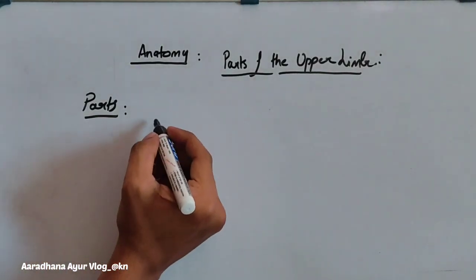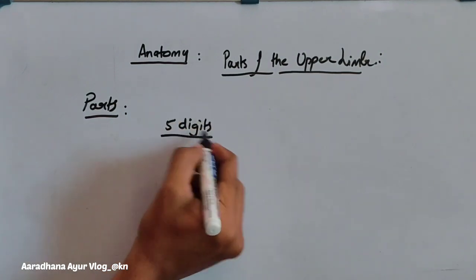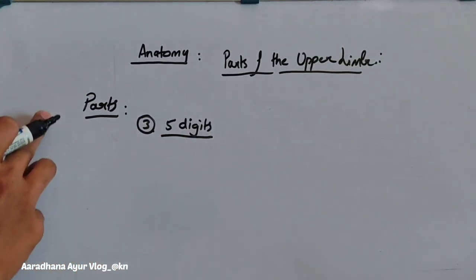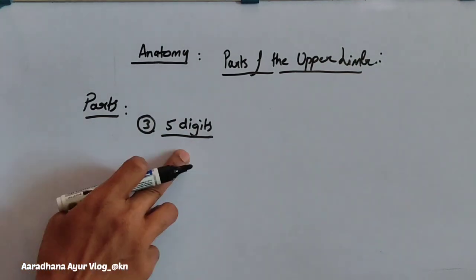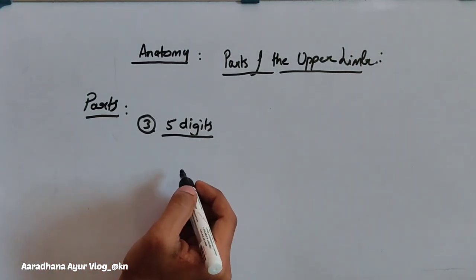And the last one is the 5 digits. The 5 digits are the third section in the hand. First one was the wrist, second one was the hand proper, third one is the 5 digits. So the 5 digits are numbered from the lateral to the medial side.